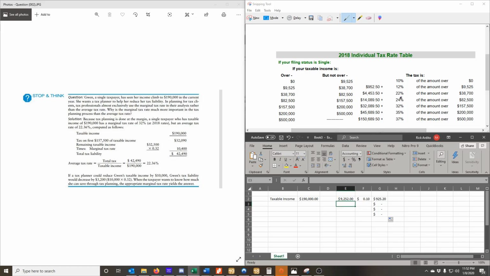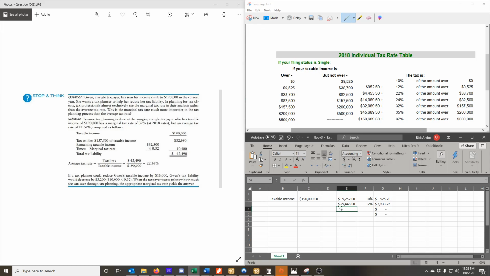We have 12%, so let's put 0.12. I'm going to format these as percentages so it's not confusing. We have 12%, but it's on the amount over 9525 up to 38,700. So if we did a formula like this in Excel, equals 38,700 minus the 9525. So she's paying 12% on about $29,000 of income.